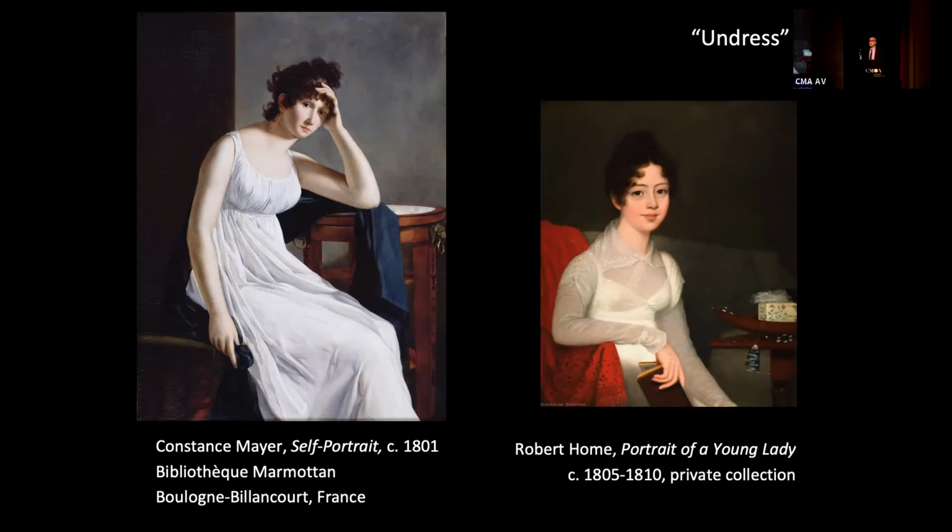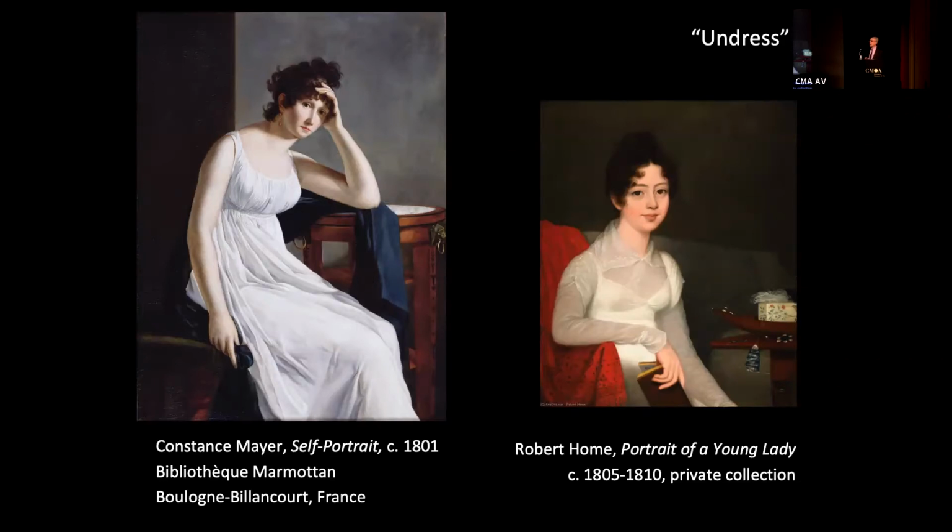And this is, of course, one of the great appeals of fashion of this era, it looks very elegant, but it looks very simple and something you can wear. I'll talk a little bit more about each of these images, but I want to put up these two as examples of undress. But they have certain things in common. We have a French woman, we have an English woman painted in India on the right.